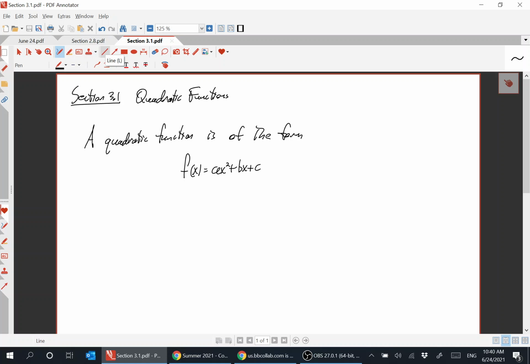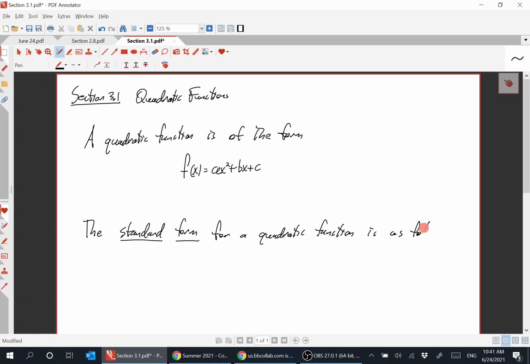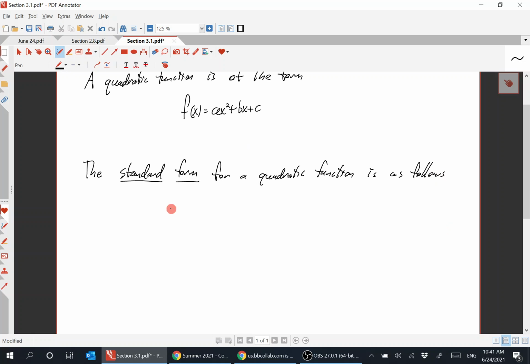The standard form for a quadratic function is like this. So just like with circles having a standard form, and linear functions having a standard form, for a quadratic function it is as follows. f of x is a times x minus h squared plus k.